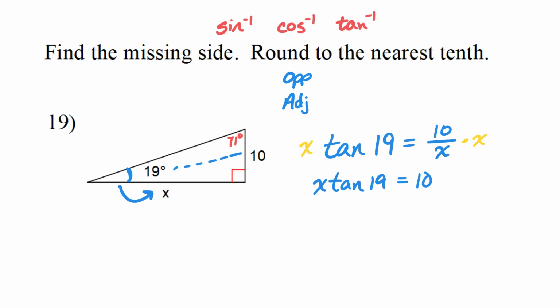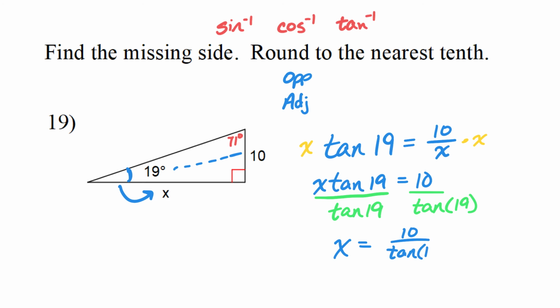So now I'm going to divide both sides by everything that is not x. That would be tan 19. Your calculator is probably going to put up a parenthesis for you, so just fill in your 19 when it does that. So what I would put in my calculator is x is equal to 10 over tan 19.